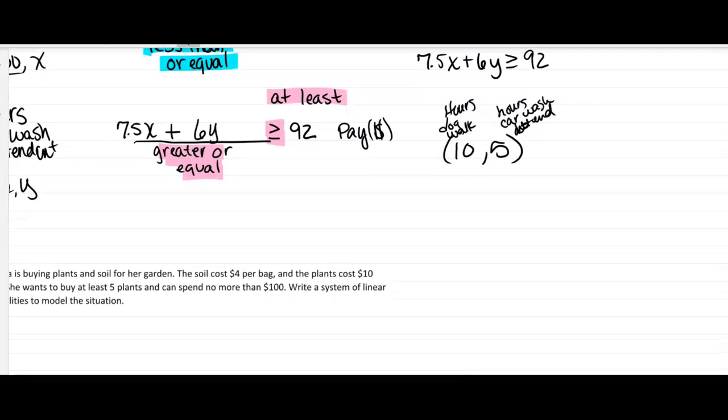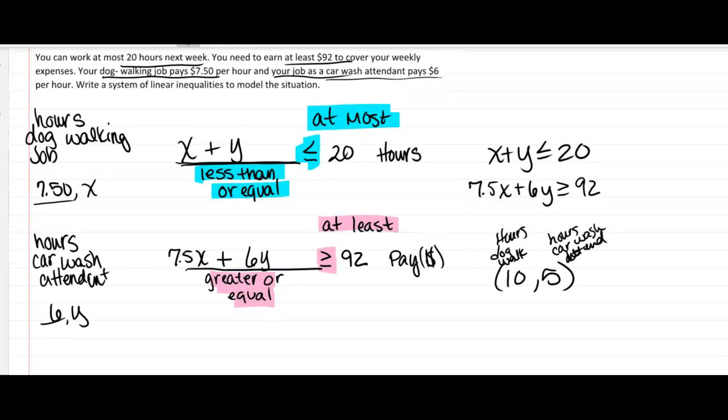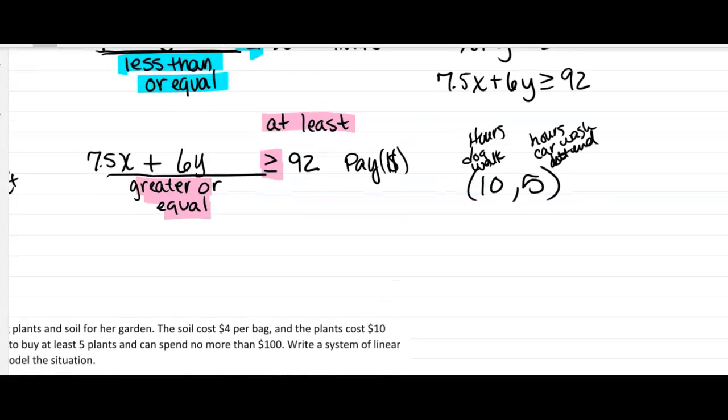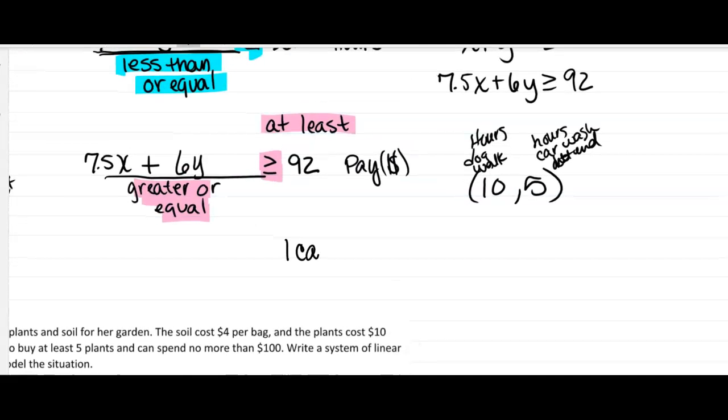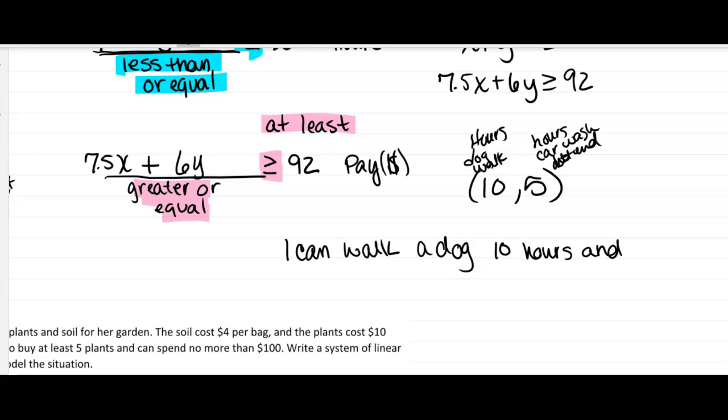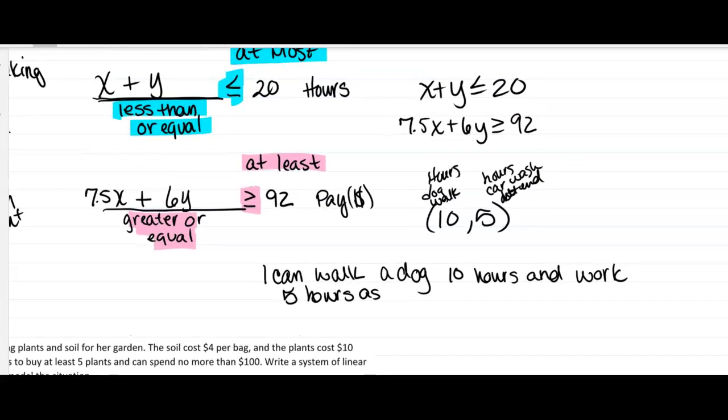So to interpret this, because it's talking about us, we're going to say I can walk a dog 10 hours and work 5 hours as a car wash attendant in order for me to work less than or equal to 20 hours, or at most 20 hours, and at least get $92.